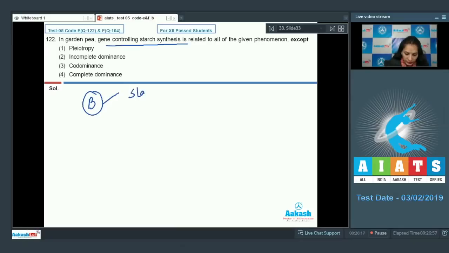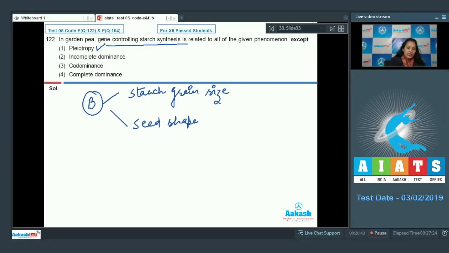First, starch grain size in pea, and second, seed shape in pea. What does pleiotropy say? If a gene controls more than one character, it is a pleiotropic gene. Hence, the gene which controls starch synthesis shows pleiotropy.